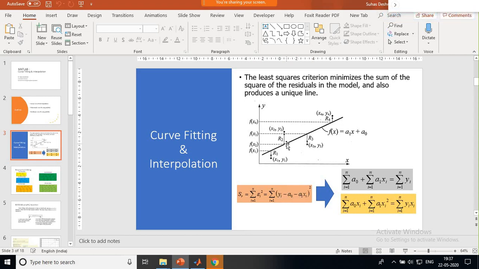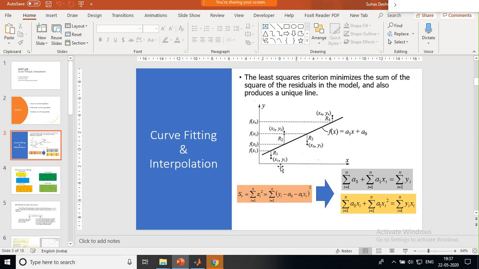When it is positive or negative, you want to sum all these errors and determine the coefficients a0 and a1 of this function. For that purpose there is a technique called least square error.